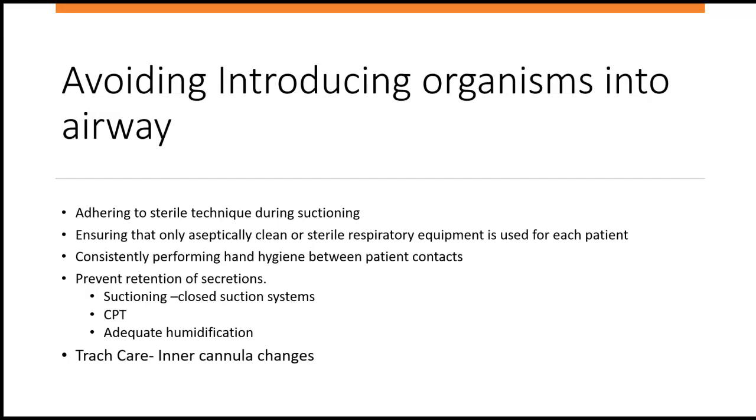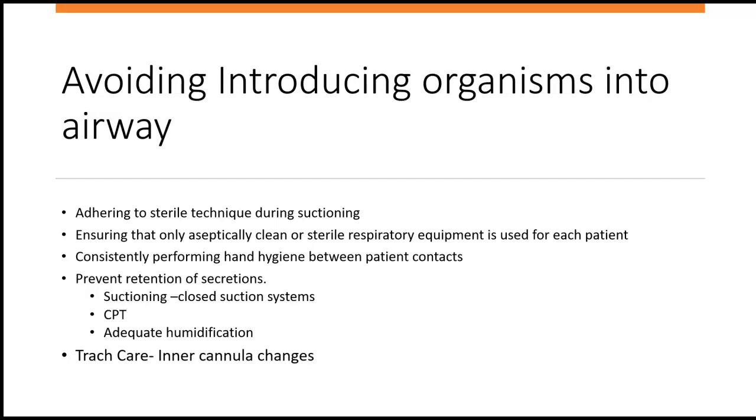Using chest physiotherapy on our patients when indicated, and ensuring that we have adequate humidification. And then finally, for our tracheostomy patients, routine cleaning and changing of the inner cannula of the tracheostomy tube is really going to be a key factor that helps minimize bacterial contamination and infection. Okay.